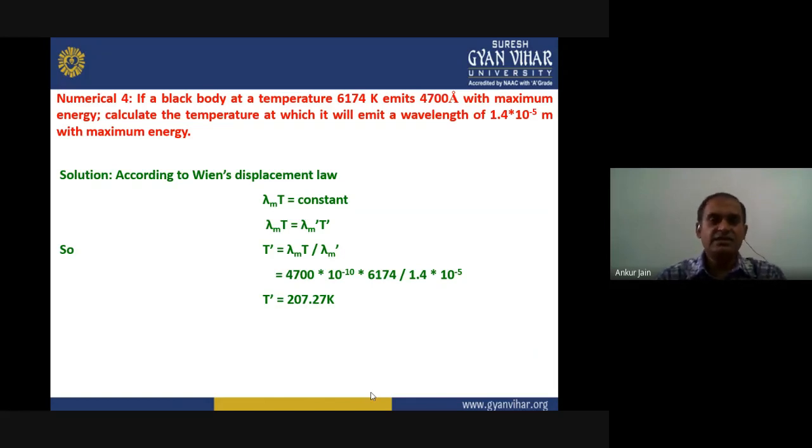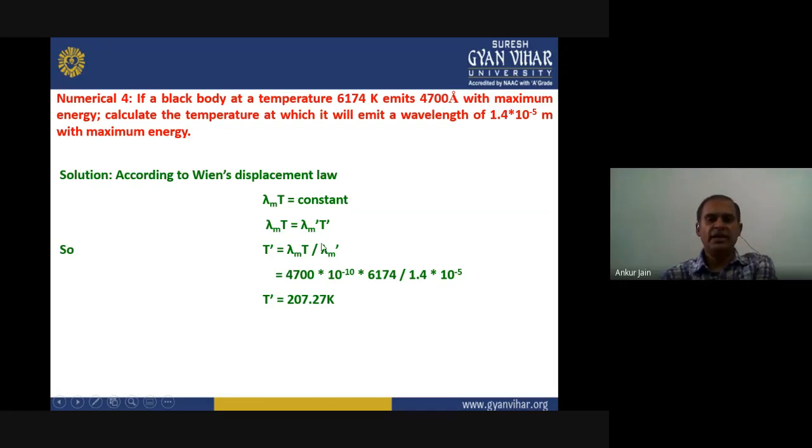If we rearrange it, because we have the temperature and the wavelength, here also we are given the wavelength, and we have to calculate the temperature. So we write the temperature T dash equals lambda m T upon lambda m dash.